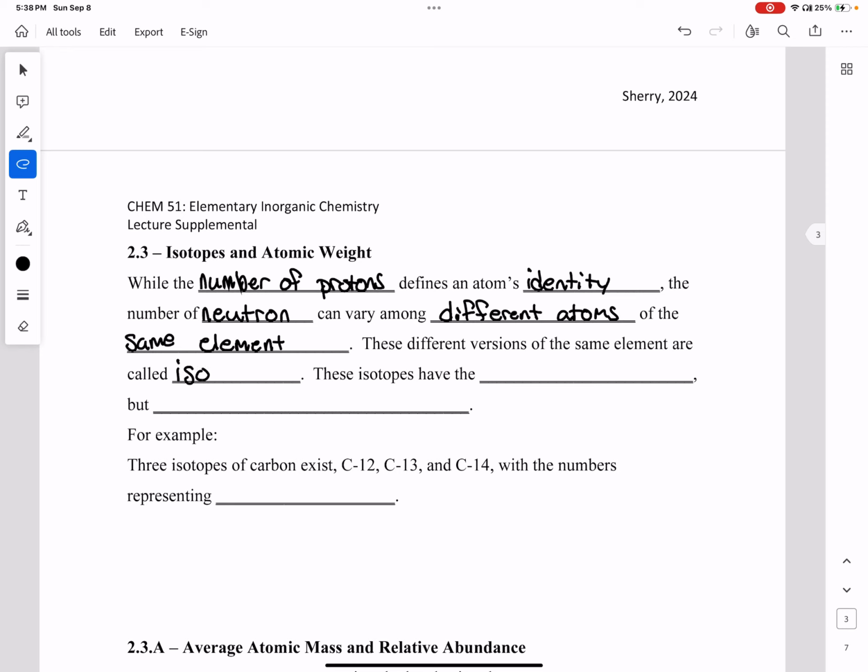So these isotopes have the same atomic number, but different atomic mass.